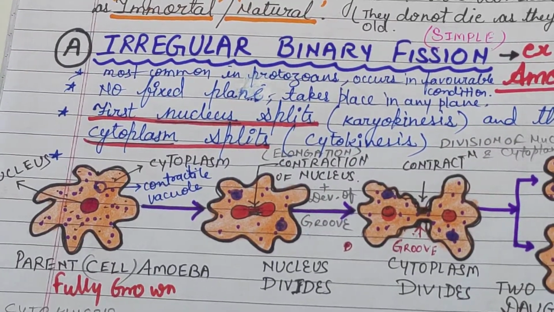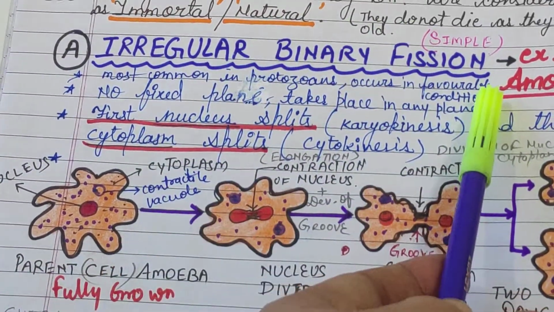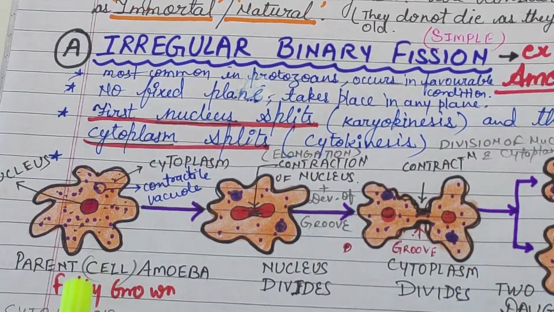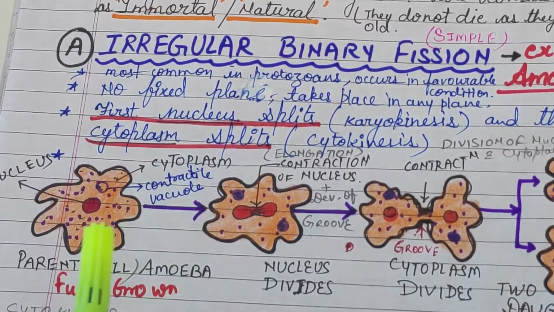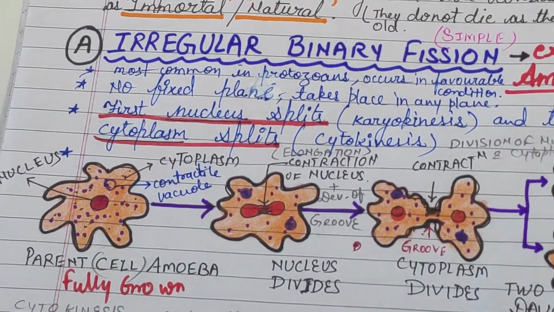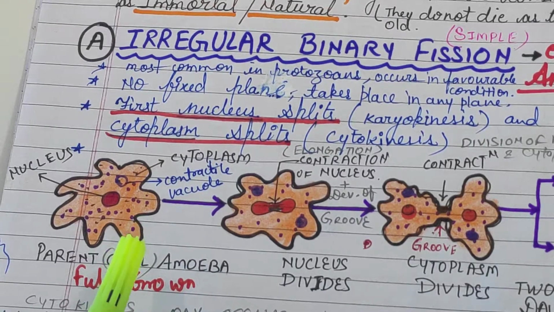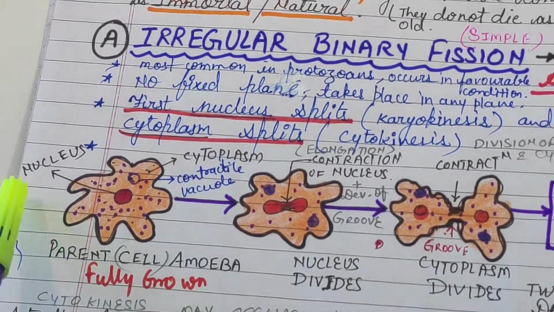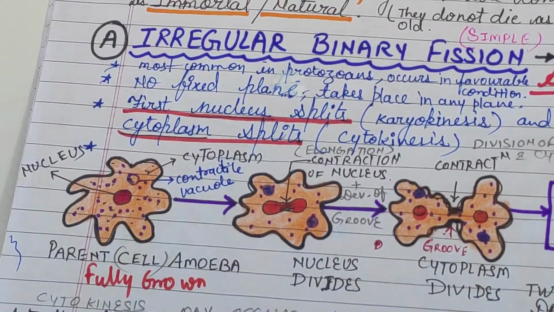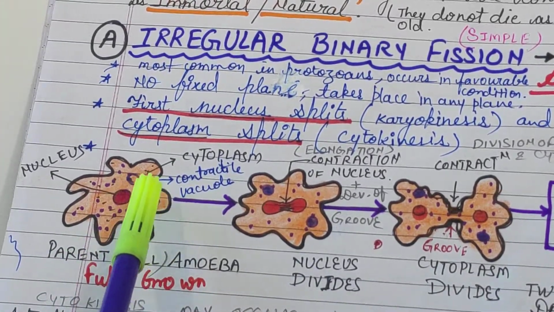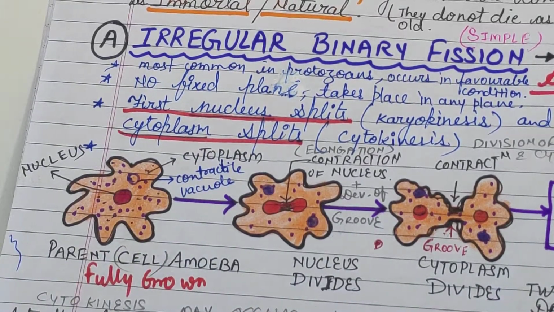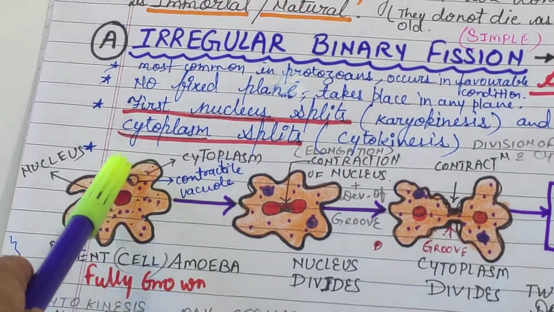In this process, irregular binary fission, the first step is that the nucleus splits. Here I have drawn the structure of amoeba. Amoeba has one nucleus, which I have shown in red color, and one contractile vacuole, and it is filled with cytoplasm.